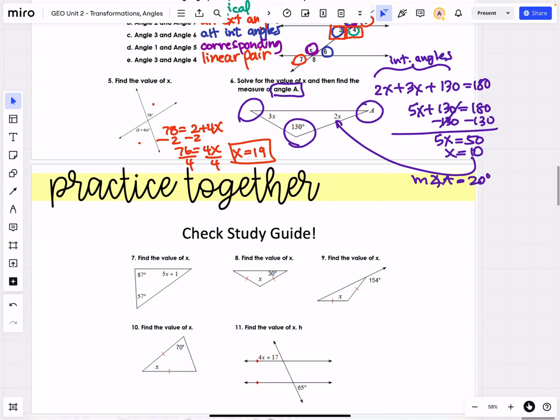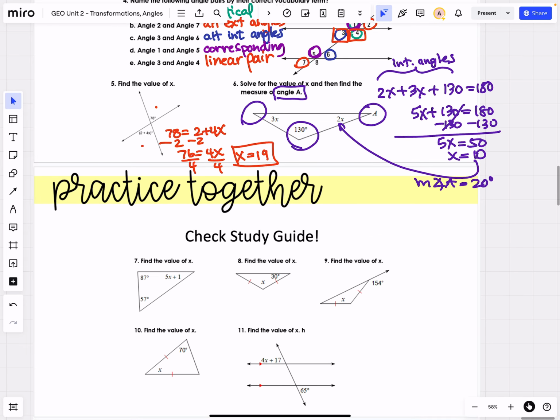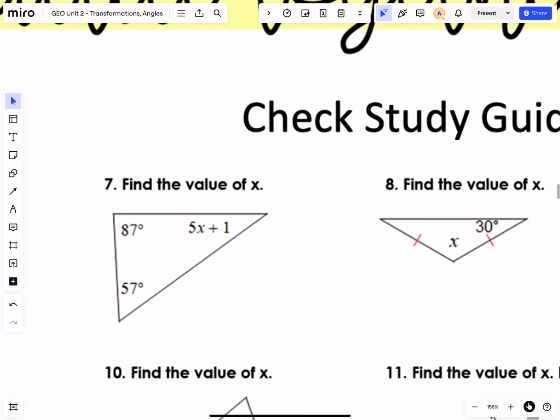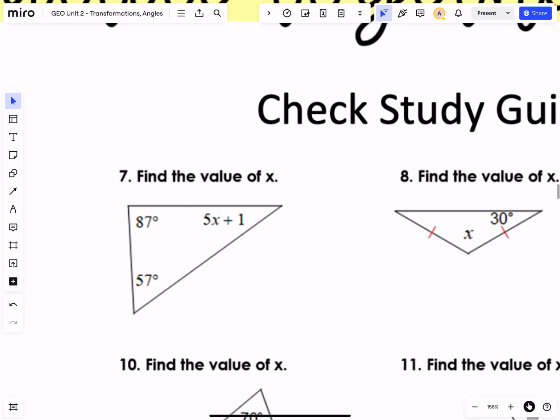All right, next one. Find the value of x. Take a second. Do that in your notes if you haven't done it already. Put your expected answer in for x and then set up the equation. Remember, I mentioned to you, you need to be able to set up an equation here, and we did a lot of practice with this. We're just going to add the 3 angles together.